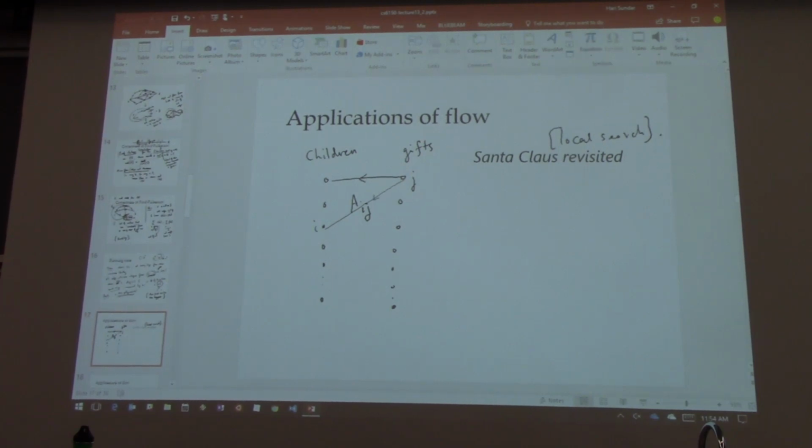So how do you cast this as a flow, and what is the goal here? The goal is to find the best assignment of gifts to children, in terms of total happiness.